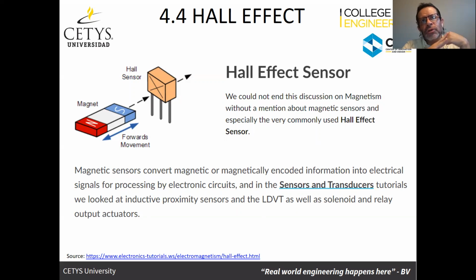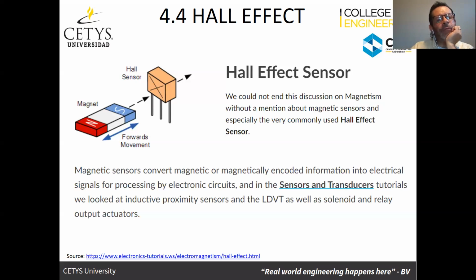Usually sensors are based on transducers, because a sensor is nothing else than something that measures or detects something. Usually what we're trying to do is convert type of energy A into type of energy B, and usually type of energy B is electrical energy.